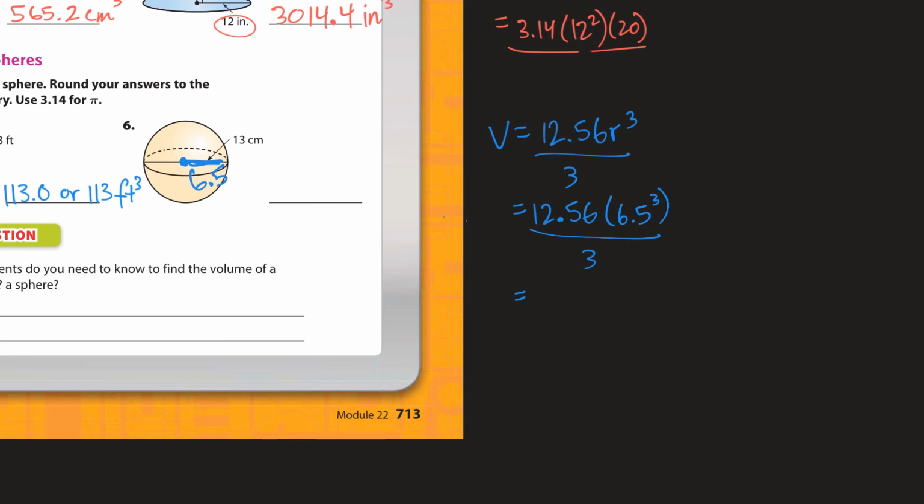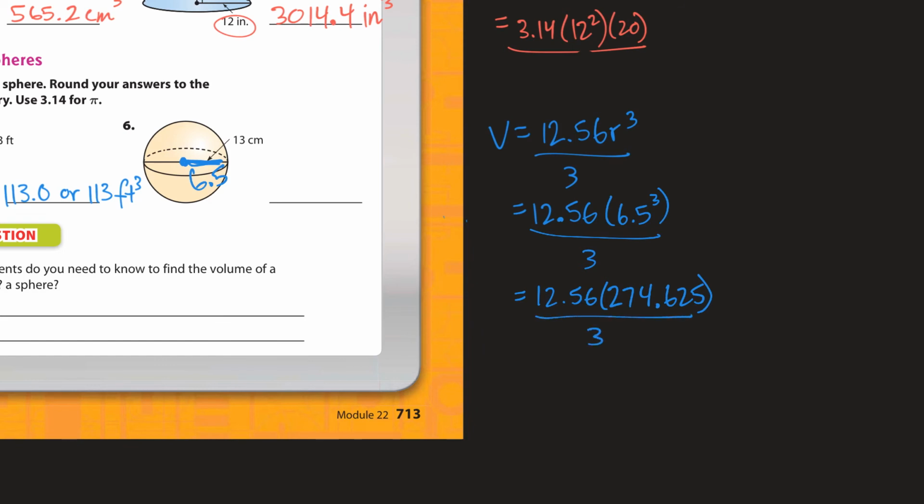So what I'm going to do is take 6.5 to the third power. That's 6.5 times 6.5 times 6.5. And that is, well, to start, 12.56 times that 6.5 to the third power is 274.625. And then I take the whole thing and divide it by 3.